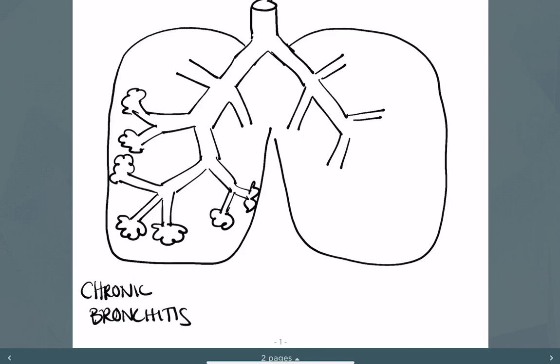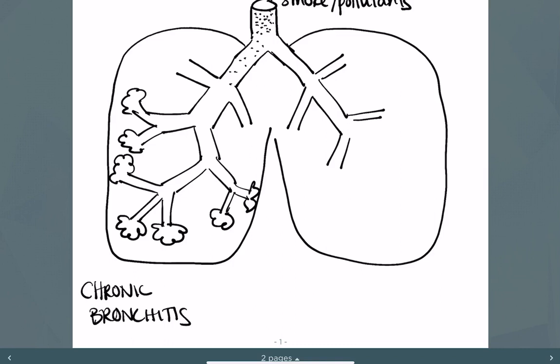Now, the generic cause of chronic bronchitis would be frequent and repeated exposure of your airways to an irritant. So often this is smoke, it can be pollutants that you're breathing in. So we'll just add the cause up here as this frequent inhaled irritant is getting into the lung.